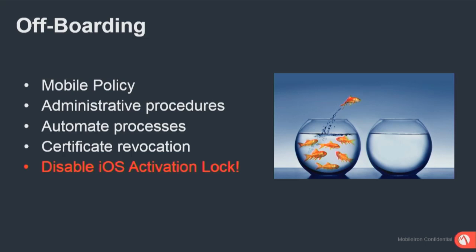And don't forget to disable that iOS activation lock, because if you don't, your options are to contact that employee and ask them to disable the activation lock, which doesn't usually work too well with that terminated, disgruntled employee. Or, going back to a previous slide, you can take that device to the Apple Store with all those pieces of information that you need to have that activation lock disabled.